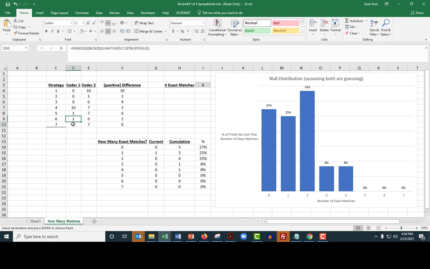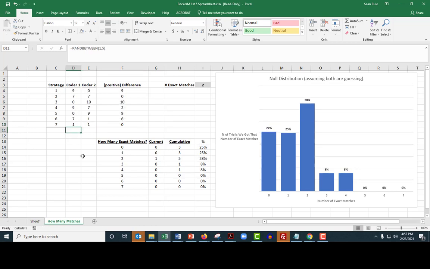And you can see that sometimes they guess correctly. Like for example, both of these dudes guessed 3, which means they matched perfectly here. Hopefully that makes sense. If I re-randomize, now they got 2 exact matches. They got strategy 7 an exact match and strategy 2 an exact match.